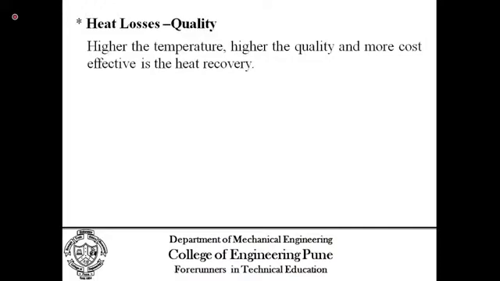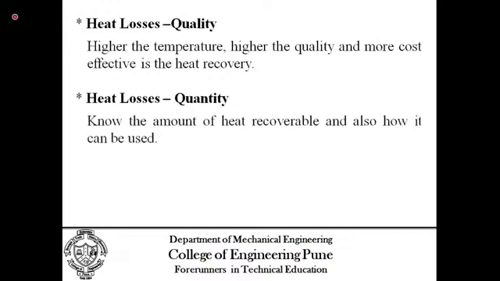The second is quantity. The quantity depends on, as the equation suggests, m into Cp into delta T, or m into latent heat if it is at a particular temperature. So the quantity of the fluid which is carrying the heat is important.